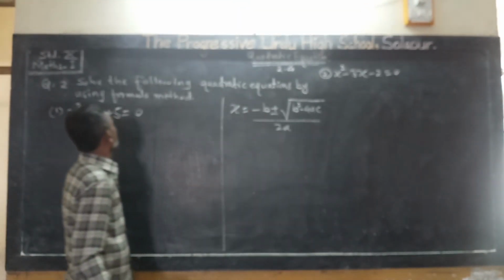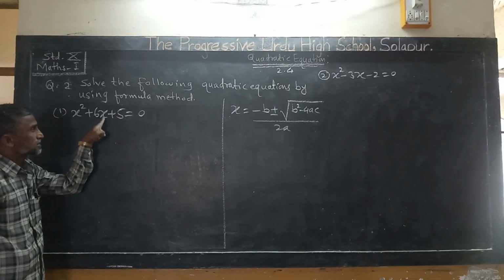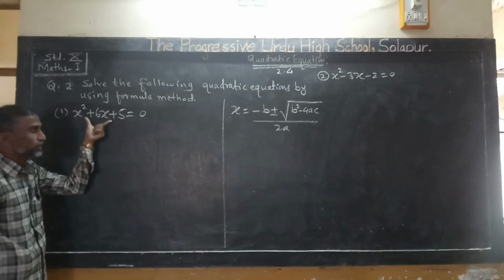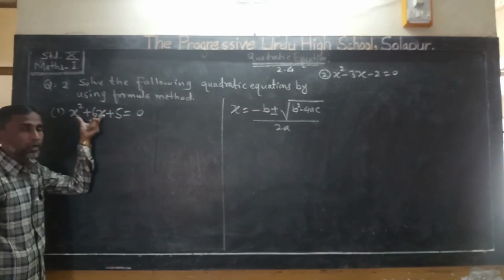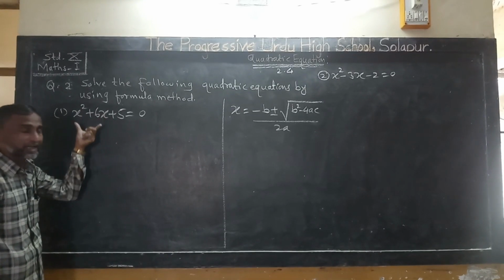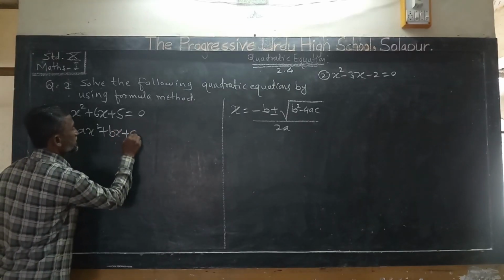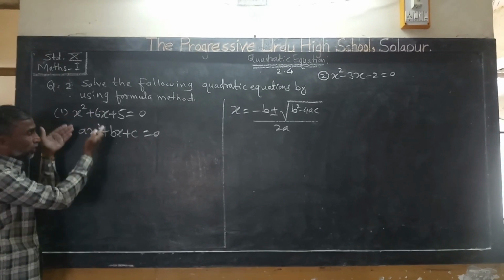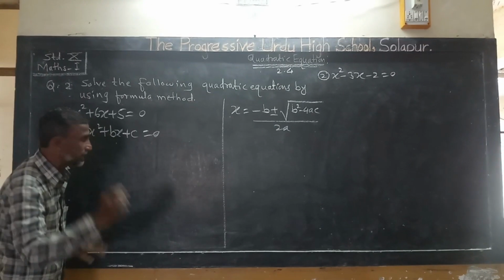Now, question number 1. x square plus 6x plus 5 equal to 0. The given quadratic equation is already in standard form. Compare the given quadratic equation with ax square plus bx plus c is equal to 0, and write the values of a, b and c.